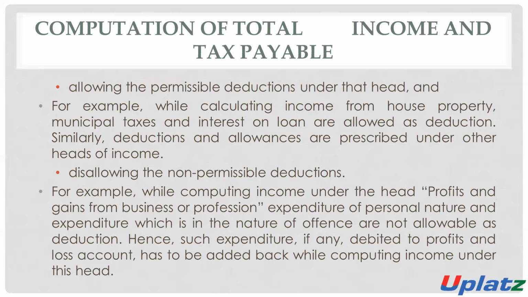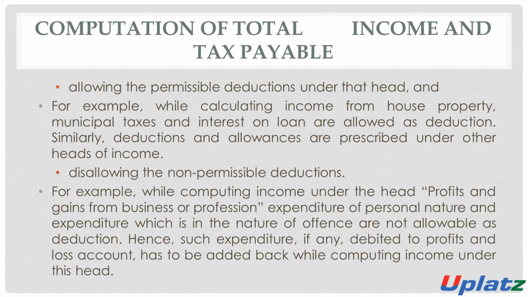It is not allowable. So if any assessee has taken a reduction in respect of such personal expenses, then it will be disallowed. Means such expenses will be added back, means the amount of profit or gain will be increased. So it will be added back under the particular head.